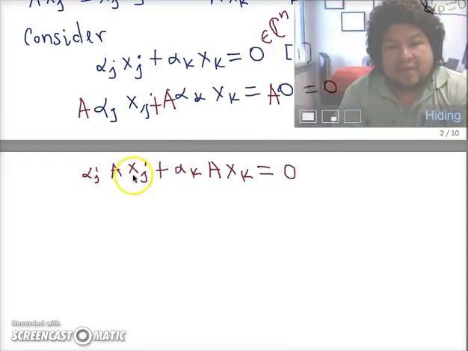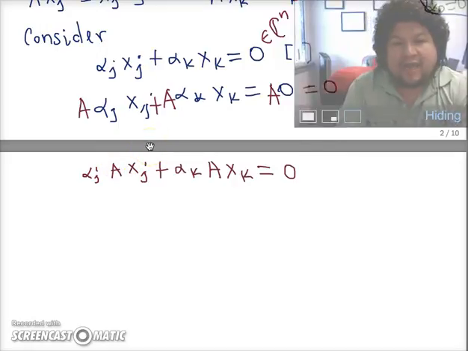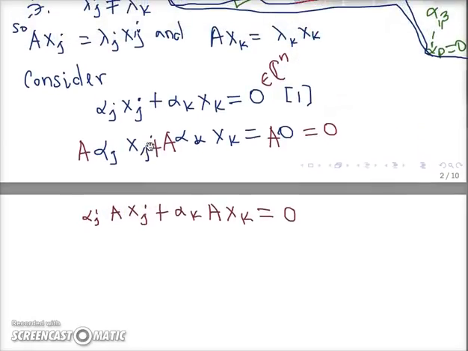And then I use the definition of eigenvalues and eigenvectors, right? We were assuming that lambda j and xj satisfy this equation, so we could make a substitution.